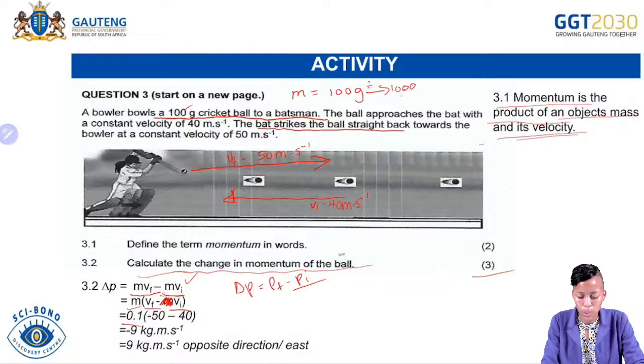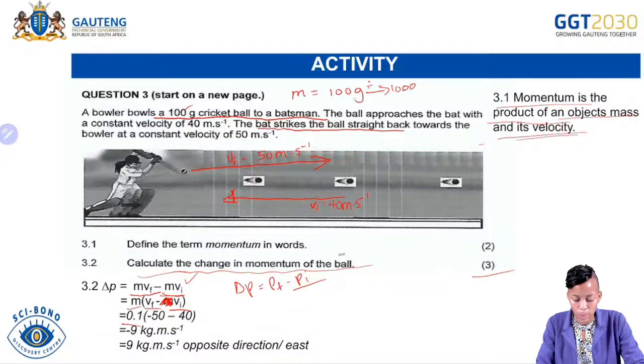You divide by 1,000, or you can multiply by 10 to the power of -3. So we divided the mass by 1,000, and our answer there is 0,1 kilograms.